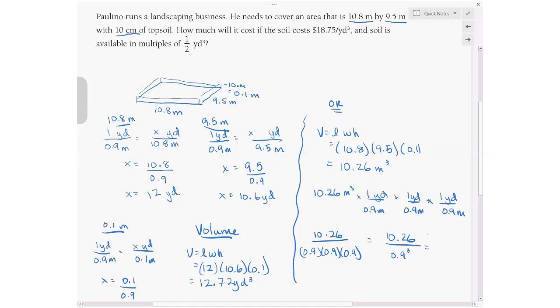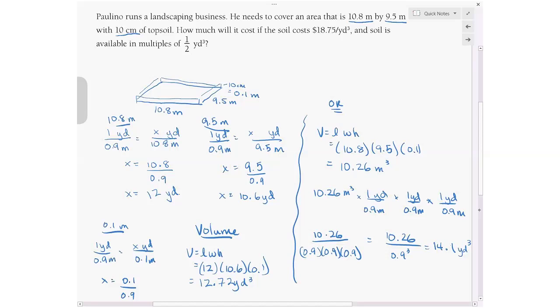So 10.26 divided by 0.9 cubed gives me 14.1 cubic yards.